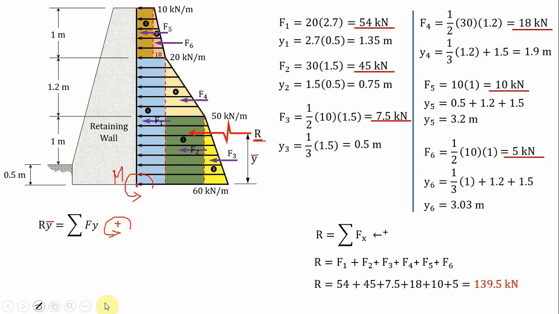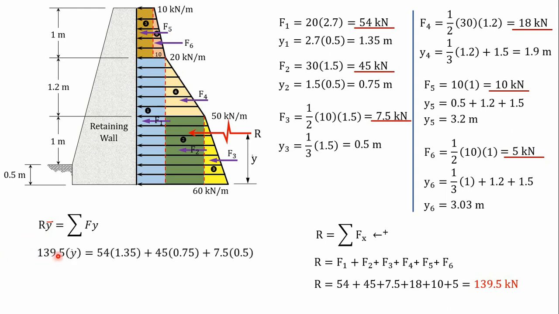Do you get me, class? So let's continue. Our resultant force is 139.5. So that is equivalent to 139.5 times bar Y. That is the resultant moment. And this is the resultant moment and the summation of Fy, class. So let's start with F1, class.